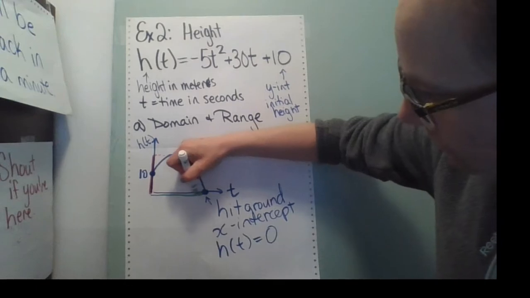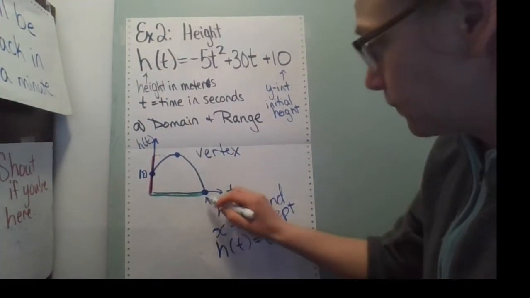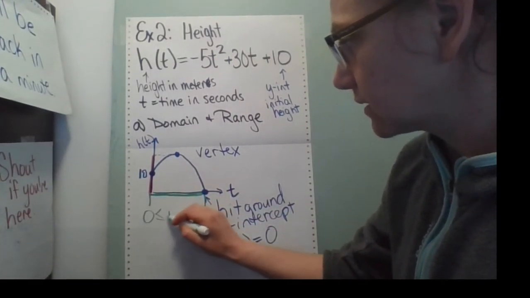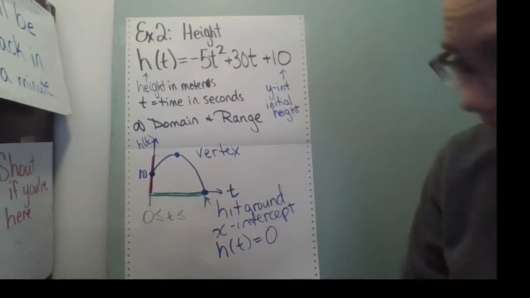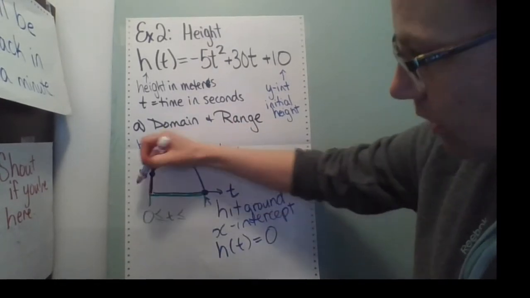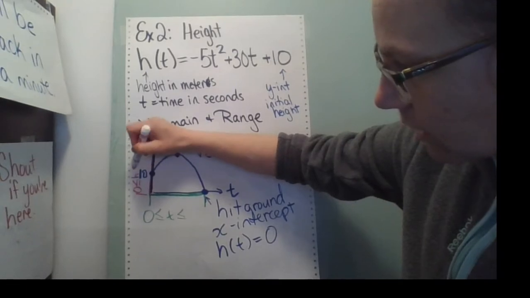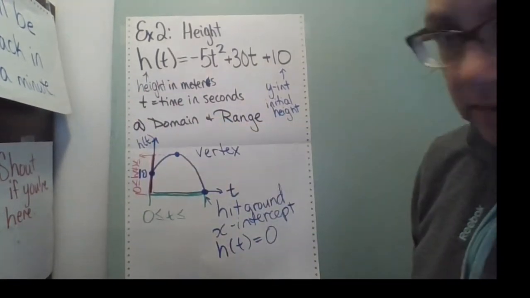So that's going to be defined by our x-intercept. Okay. So our domain is going to be somewhere between 0 less than or equal to t less than or equal to whenever it hits the ground. And our height, or our range, I mean, is going to be anywhere between 0, less than or equal to our height, less than or equal to whatever my max is.